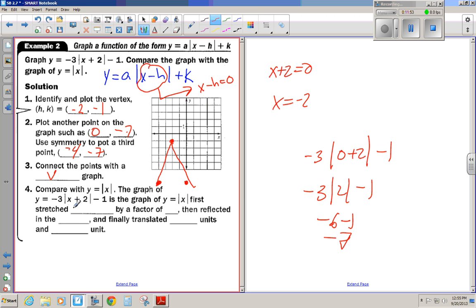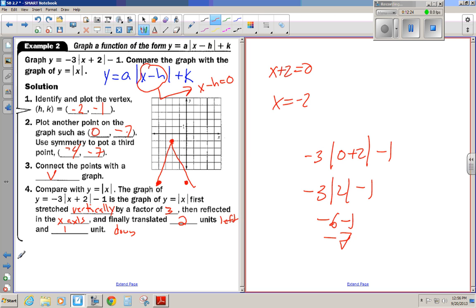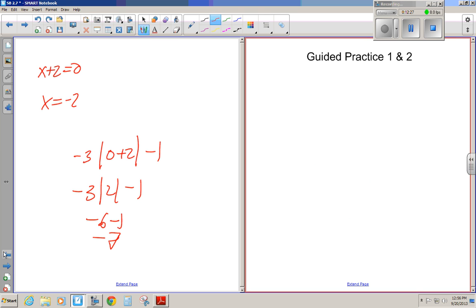First, it is stretched vertically by a factor of 3, then reflected over the x-axis, and finally translated, let's see here, 2 units left and 1 unit down. Guided practice 1 and 2.